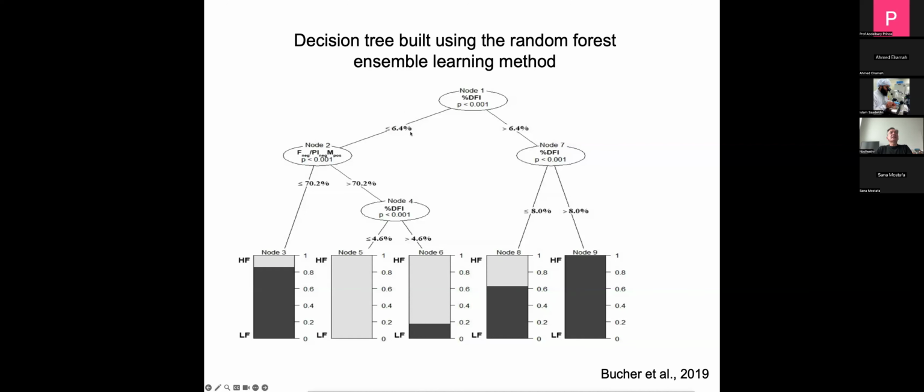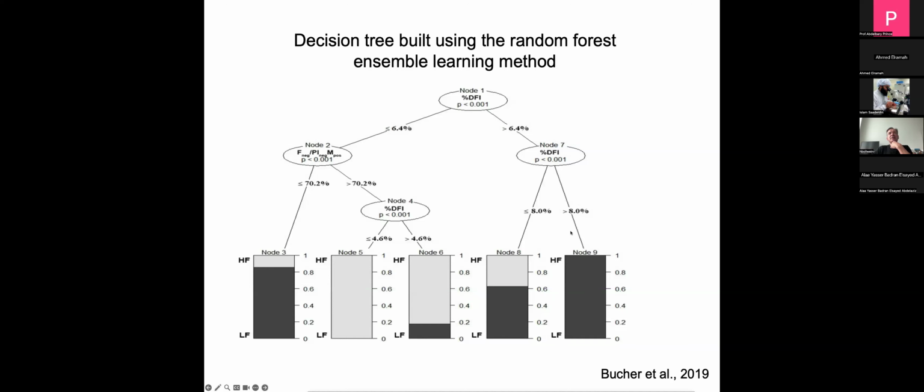And if you see here, for example, samples with less than 6.4% DNA damage also showed a higher value. And you see this means high fertile bulls, and these are low fertile bulls.